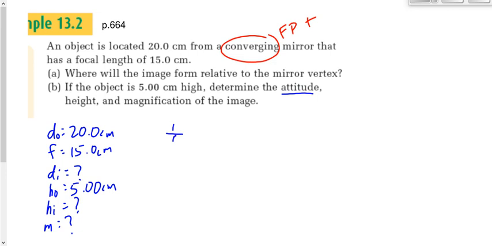Let's start with the mirror equation. 1 over F is equal to 1 over DO plus 1 over DI. We're going to say 1 over 15 is equal to 1 over 20 plus 1 over DI. We solve for DI here. We can do that by finding the common denominator, which in this case would be 60. Becomes 4 over 60 minus 3 over 60.